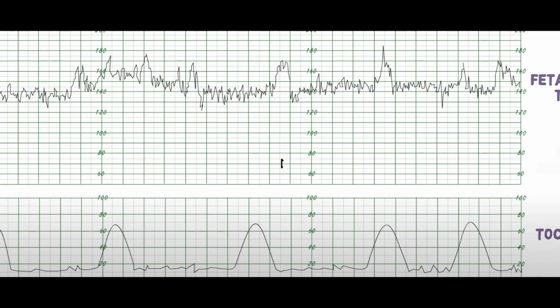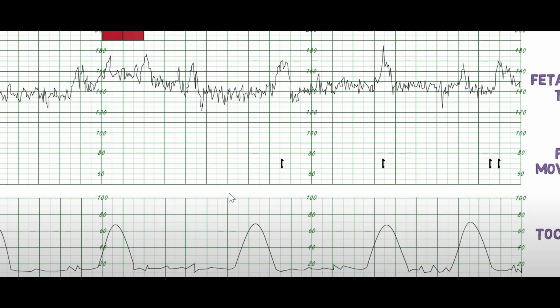These marks are markers of fetal movements, which are indicated by the mother as she presses the pressing button. So this is the fetal heart trace, and these are the fetal movements, and here the tocometry. Okay, this is the CTG.